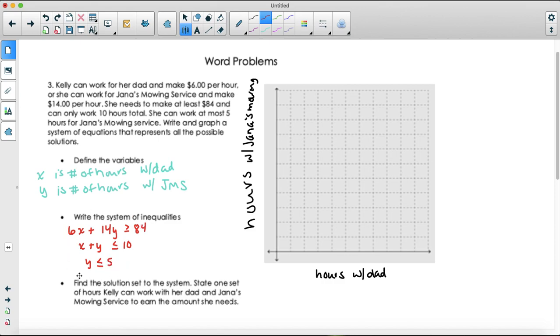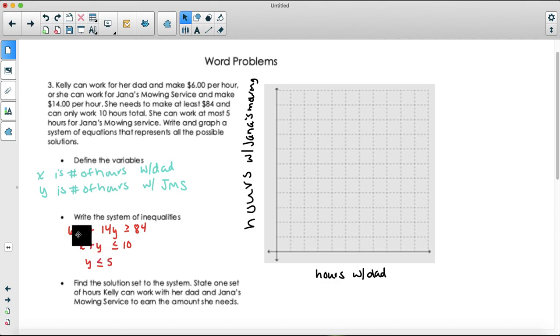We actually have 3 inequalities here, so we have to be super careful when we're graphing these. So the y's, we know we have to go up to 5, but on here, the y would have to go up to 10. Because if I were to cover up the x, the y would have to go to 10. The x would have to go to 10. So that's our minimum we can have.